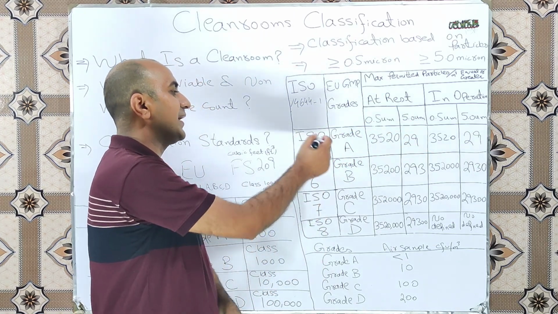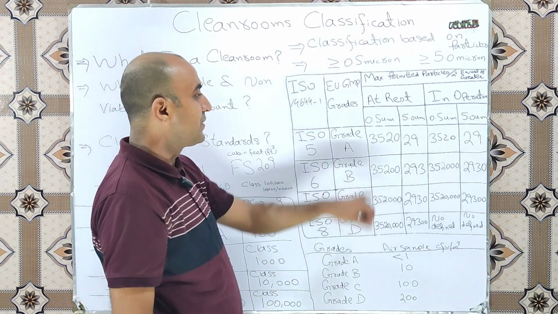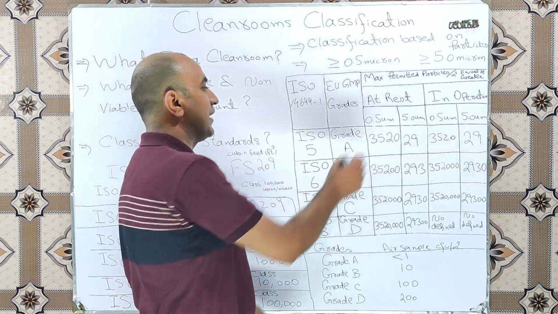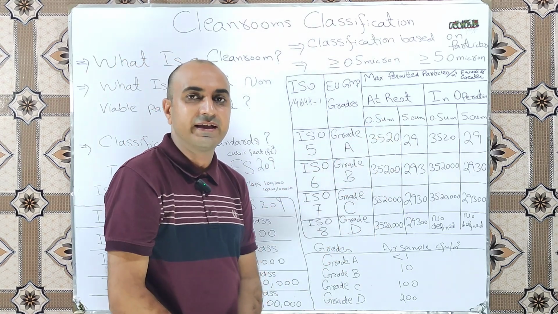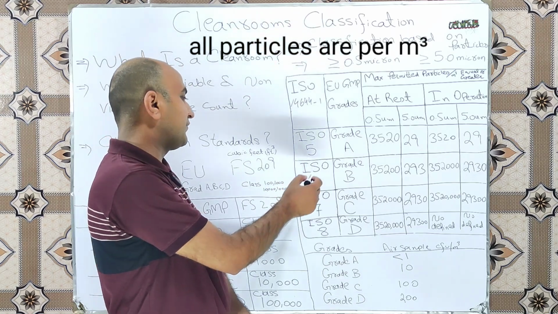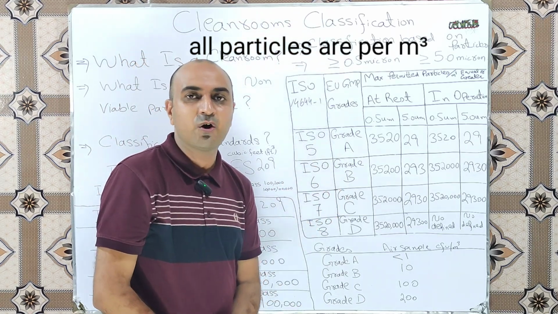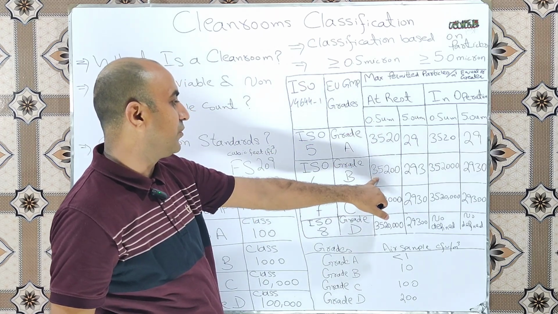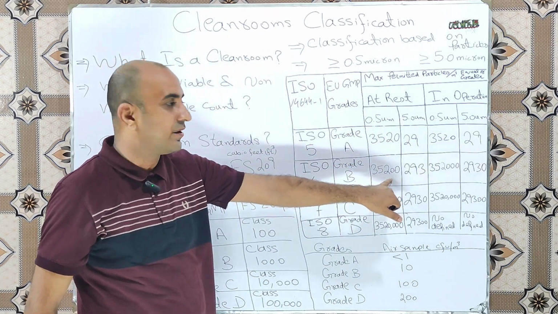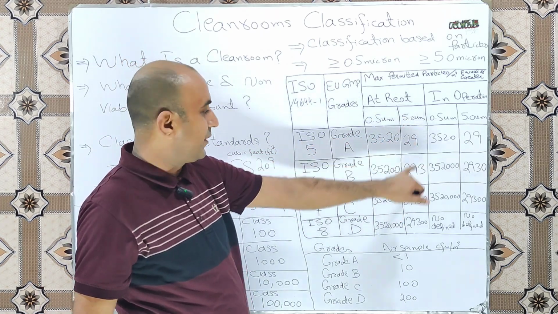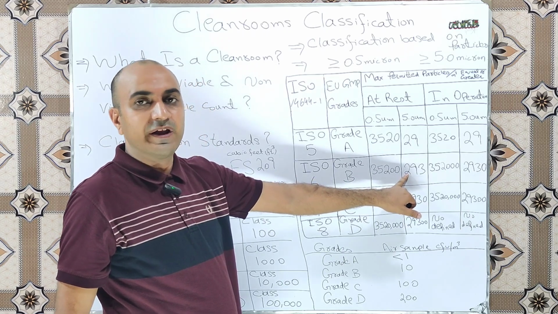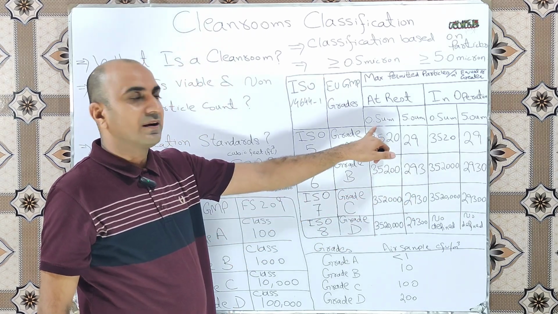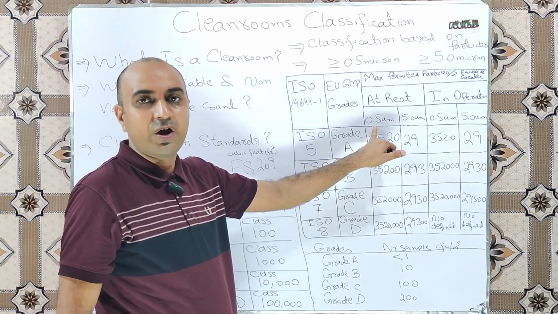For ISO class 5 or grade A, the limit for particles equal to or greater than 0.5 micron is 3,520, and for 5 micron it is 29. For ISO class 6 grade B, the limit for 0.5 micron is 35,200 and for 5 micron it is 293.